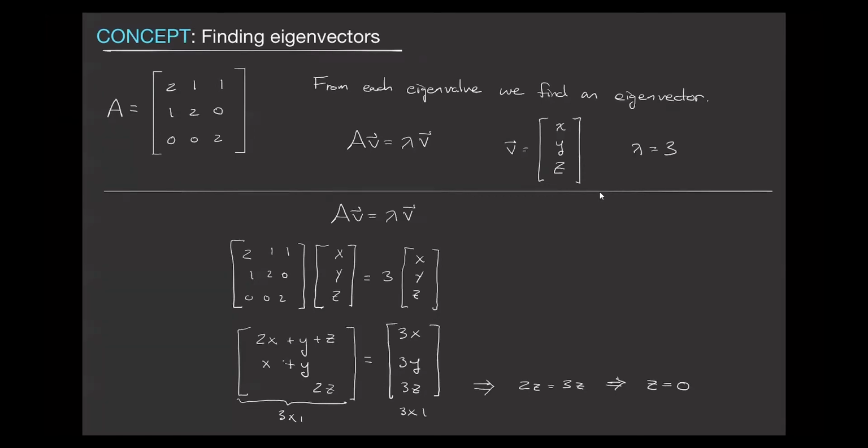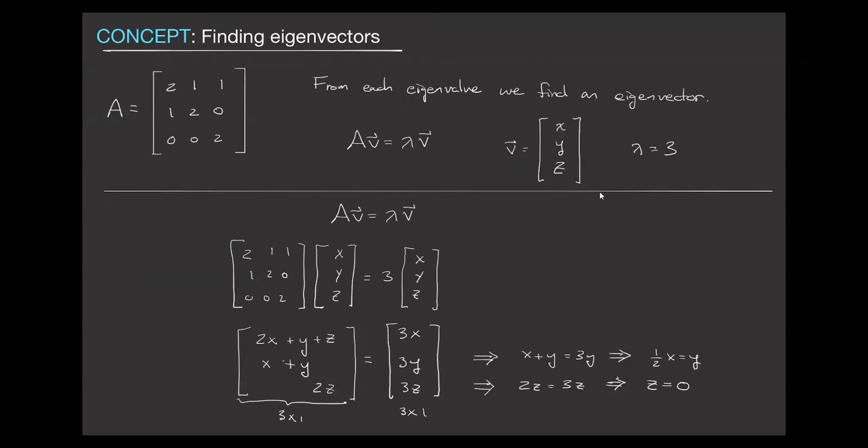Then in the second case, or second row, if you will, what we have is x plus y is equal to 3y. And rewriting that tells us that we have, let's see, 1 half x is equal to y. I claim at this point this is actually all we need to be able to find what the eigenvector is, or an eigenvector is corresponding to the eigenvalue 3.